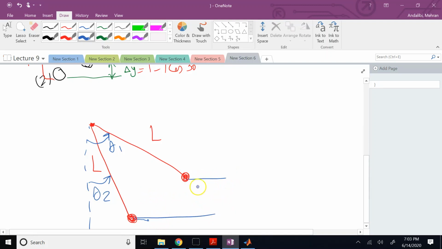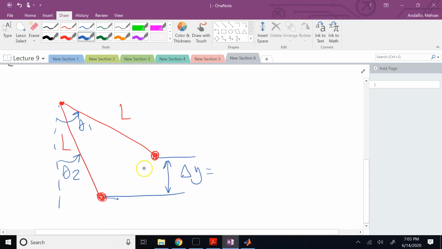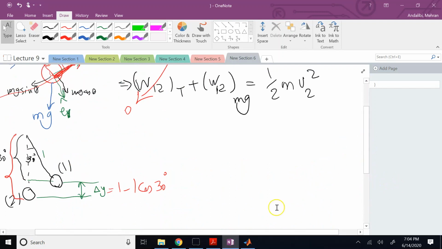Then the vertical displacement of the pendulum, delta y, in general, you can show that if here we consider the positive sign, it is going to be L times cosine of theta 2 minus cosine of theta 1 in general. In this case, theta 2 is 0, so cosine of it is 1. This is something you might need to keep in mind.